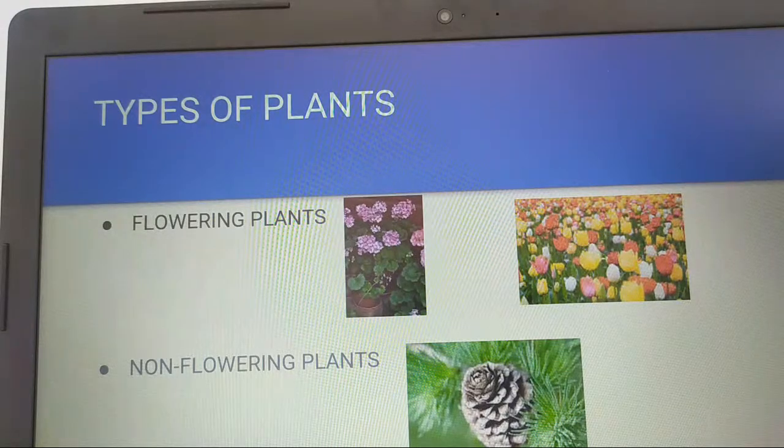As you can see in the module, the non-flowering plant shows a conifer, where you can see a small cone which is brown in color and the leaves which are needle shaped. These types of plants do not produce flowers. They bear cones. We generally find such type of plants in the hilly regions.